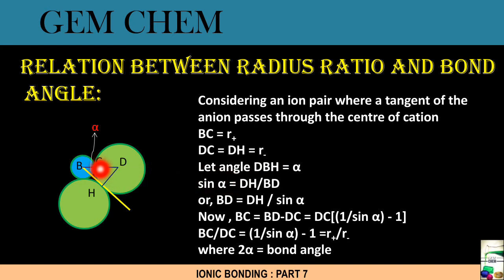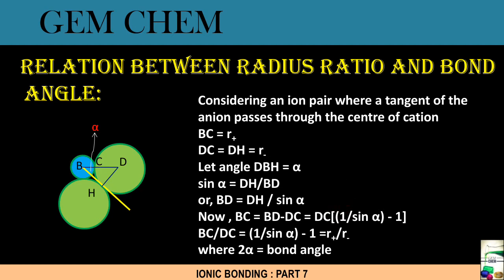Now if we consider this bond angle, that is DBH, as alpha, then sin alpha comes to be DH by BD. Now this BD can be obtained as DH by sin alpha. Now if we want to know the value of BC, we can write it as BD minus DC. So ultimately it comes to be DC times (1 by sin alpha minus 1).